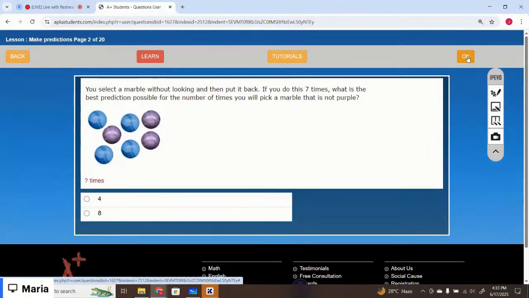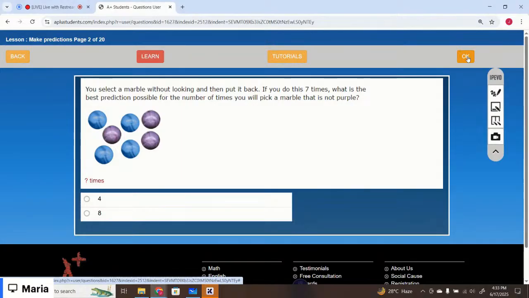You select a marble without looking. You do this 7 times, what is the best prediction possible for the number of times the marble is not purple? Then the not purple means that it will be, right?